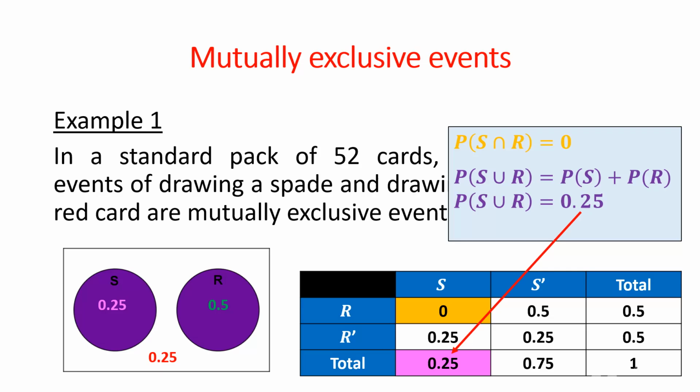The probability of spade is 0.25, and the probability of a red card is 0.5. So let's add those together to get the probability of a spade or red card to be 0.75. When we draw a card, we've got a 75% chance of getting a spade or a red card.